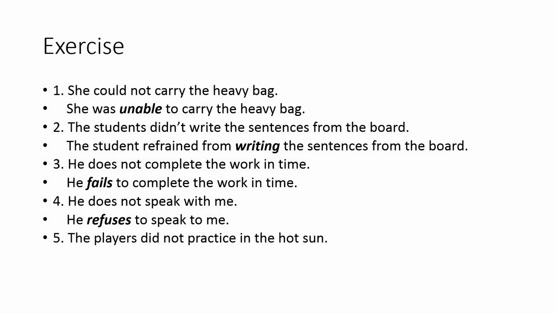The players did not practice in the hot sun. The players did not practice means the players hardly practiced in the hot sun. You can also say the players refrained from practicing. As I was telling, refrained from practicing, I have put ing after the verb. You can write that way also. Or you can say the players refused to practice in the hot sun.